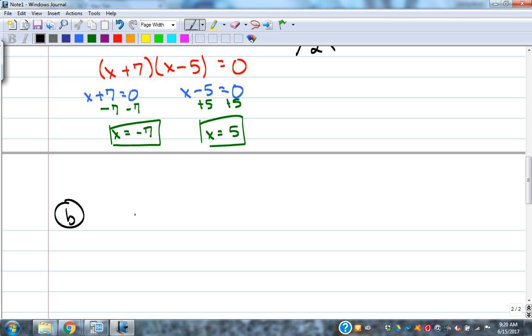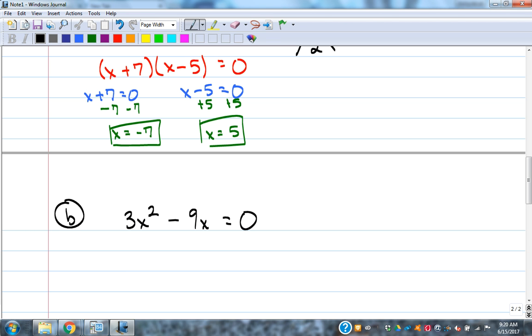Let's say we had something like this, maybe 3x squared minus 9x is equal to 0. Here, it's quadratic because the biggest thing in there is x squared.